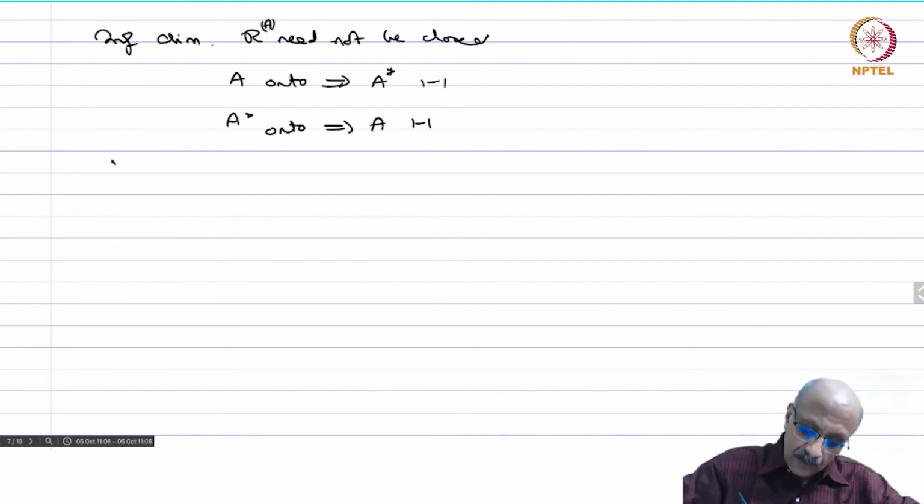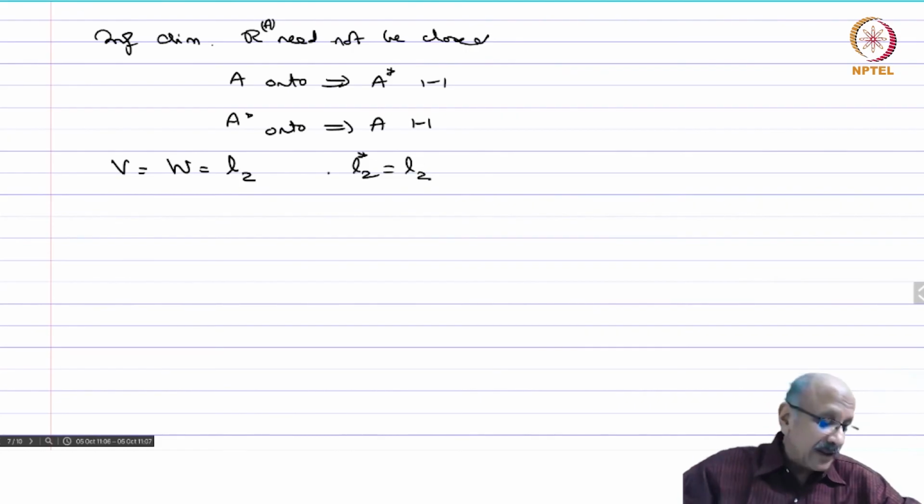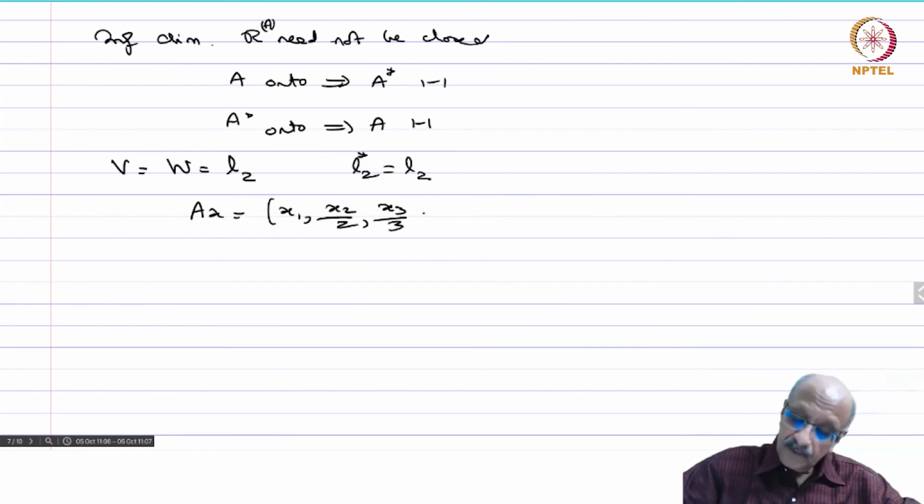Let us take an example. Let V equal to W equals little L2. Again, remember, these are sequences which are square integrable, and therefore you have L2 star is the same as L2, and we know what the duality bracket is. It is just the usual inner product. So let us take A x equals x1, x2 by 2, x3 by 3, and so on, xn by n.